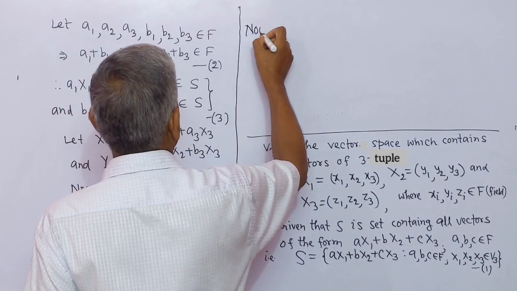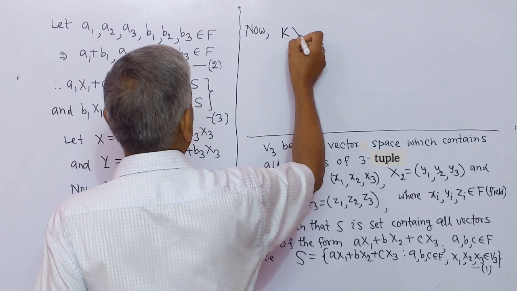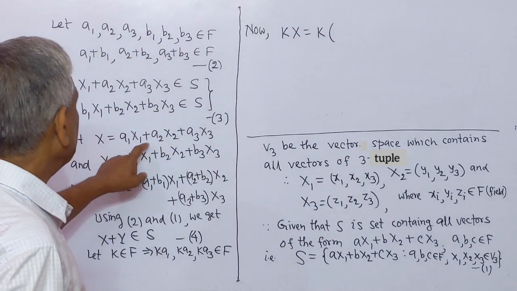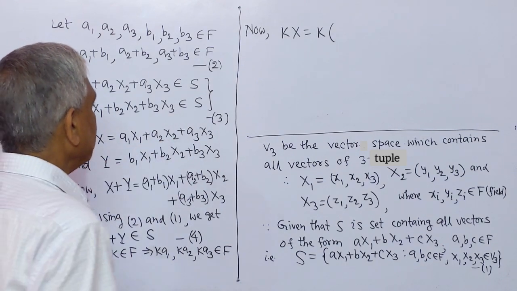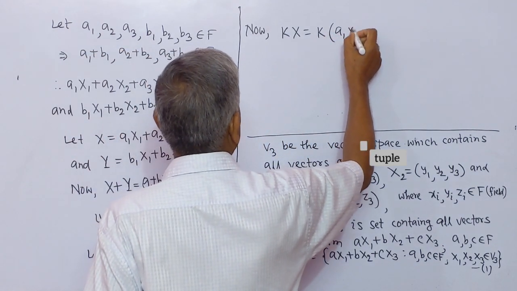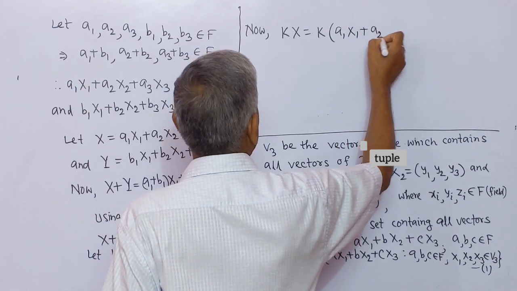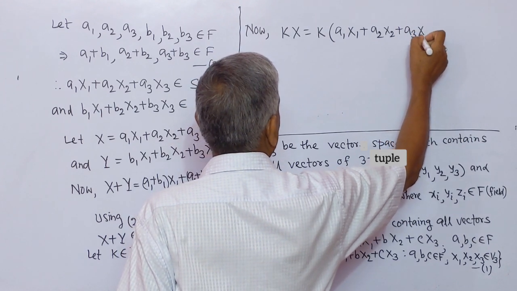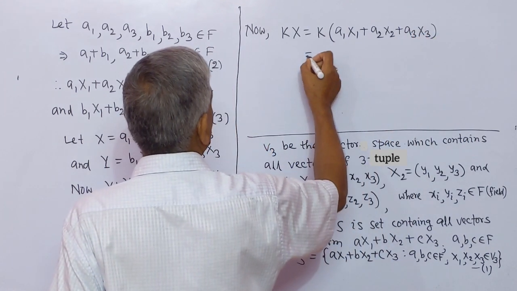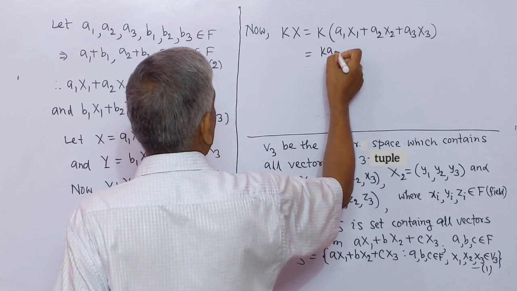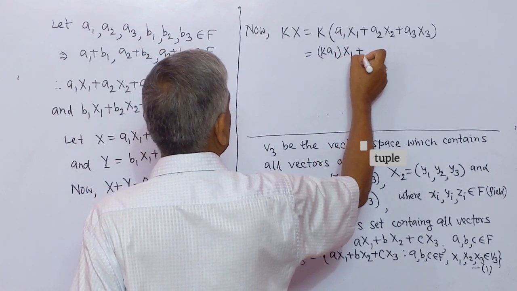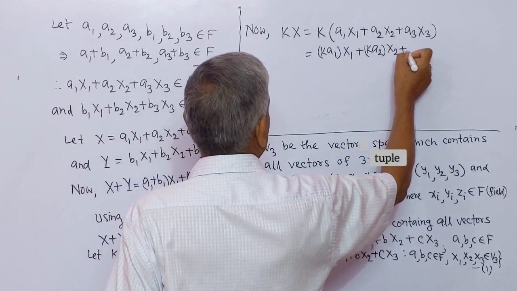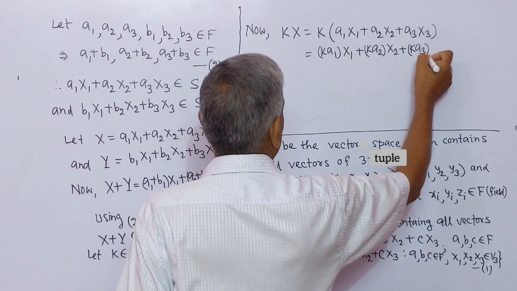Now Kx equal to K times x means K times A1 x1 plus A2 x2 plus A3 x3. This equal to KA1 x1 plus KA2 x2 plus KA3 x3.